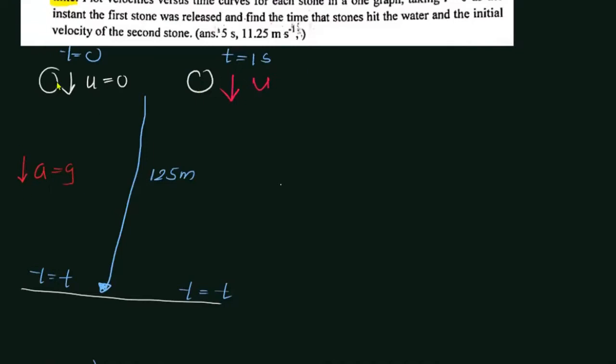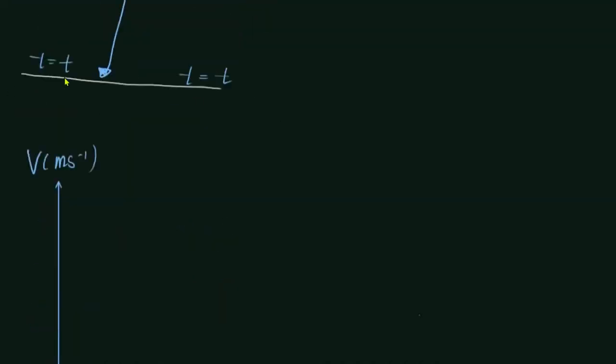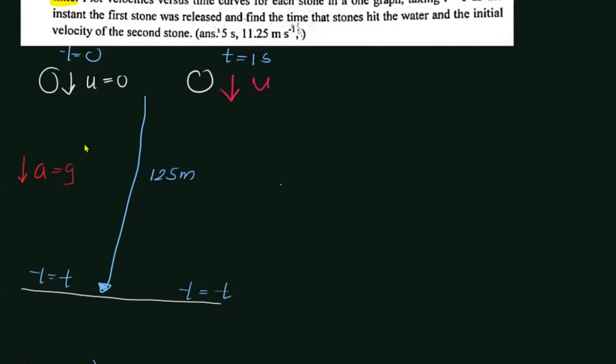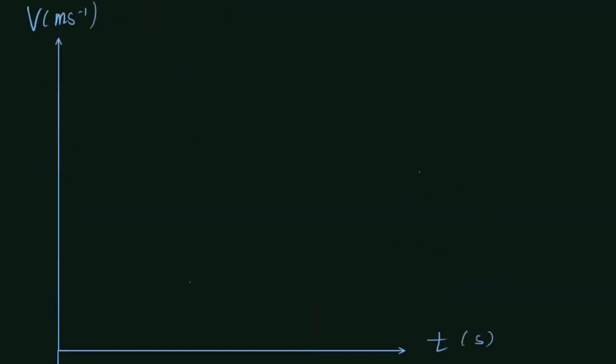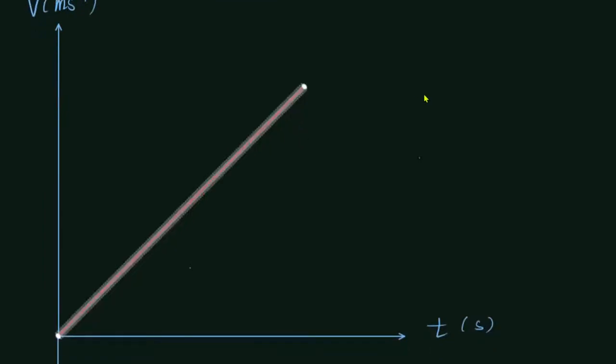So first of all, let's draw the first stone. It falls under gravitational acceleration, so with uniform acceleration from velocity 0, its velocity keeps increasing gradually. How do we draw a constant acceleration in a VT graph? Simply by a line from 0, something like this.